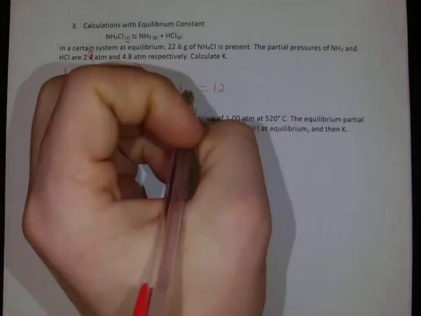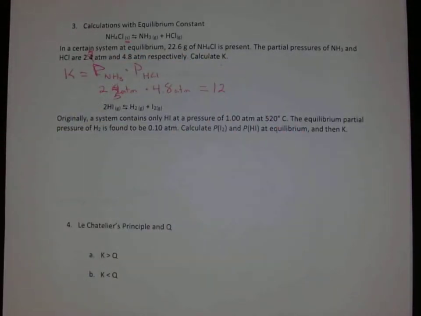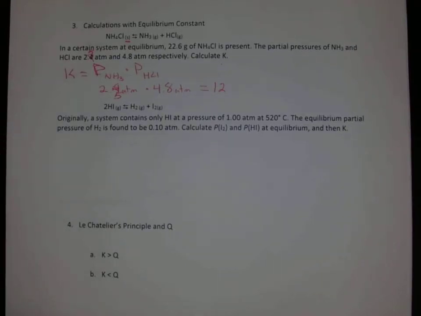So K is going to be equal to 12. So are there units for this? Yes, kind of, but not really, okay? So we can kind of ignore units for this one with our K values. I know, you are so excited. All right, so now let's look at this next system here, okay?